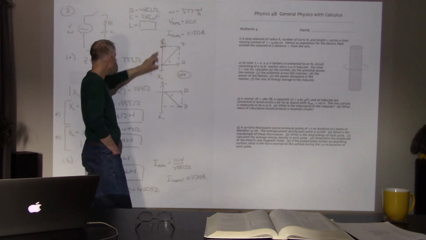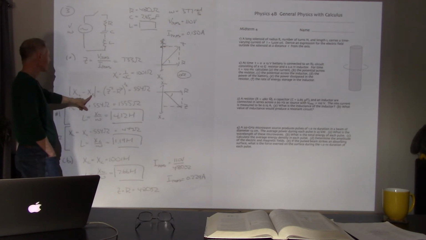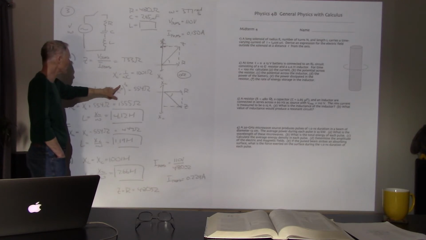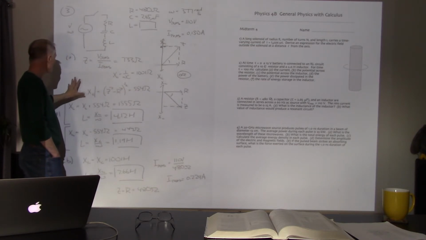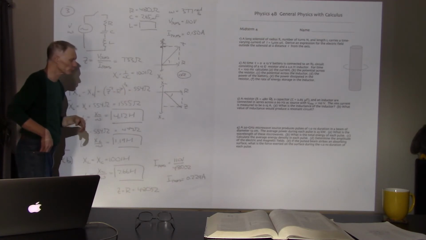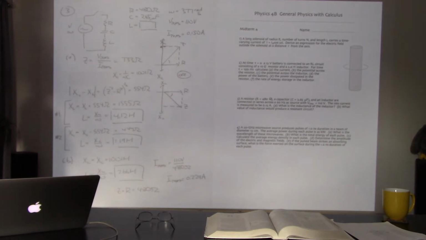That's going to tell us what X_L minus X_C needs to be equal to. Here is the square root of Z squared minus R squared, and it says that this combination of X_C and X_L needs to be 554 ohms. So that's a fixed amount that we have to come up with.